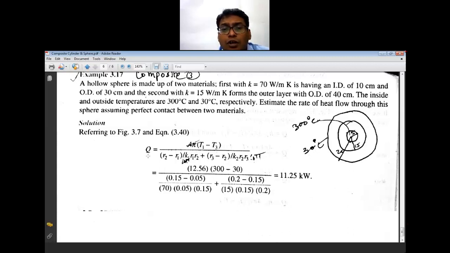So writing the generalized equation incorporating the two resistances in this case, because the numerical problem doesn't talk about the convective heat transfer coefficient, we are neglecting it and simplifying to only conductive resistances.